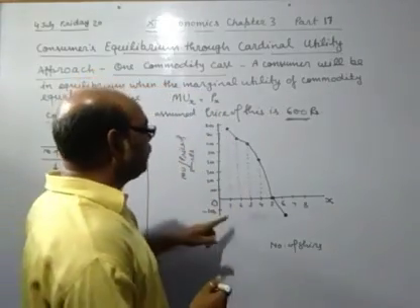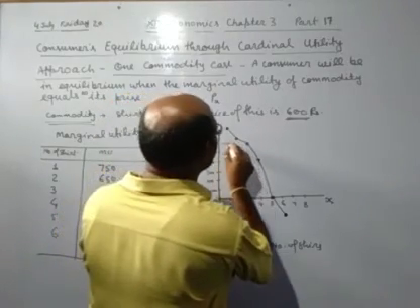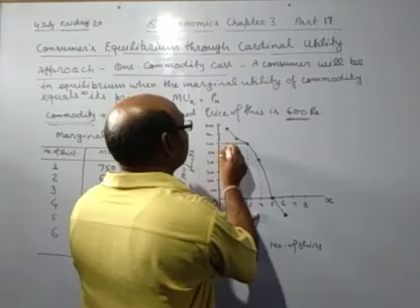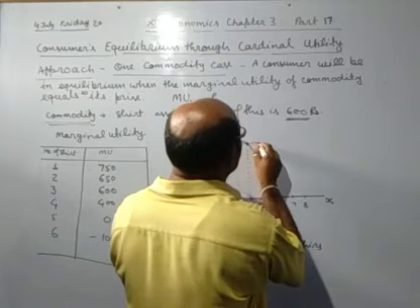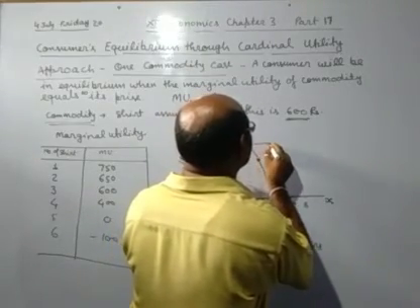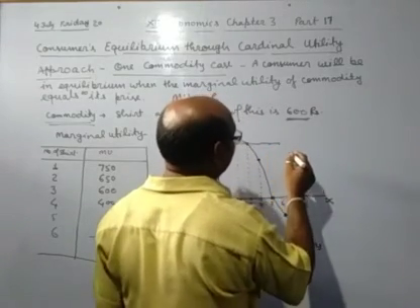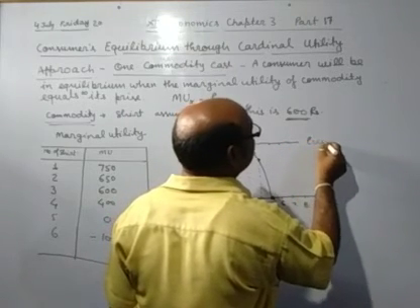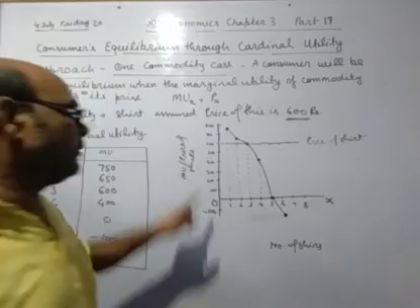So for the first unit the price is 600, for the second 600, the third 600, and so on up to the eighth. So the price will remain constant at 600.